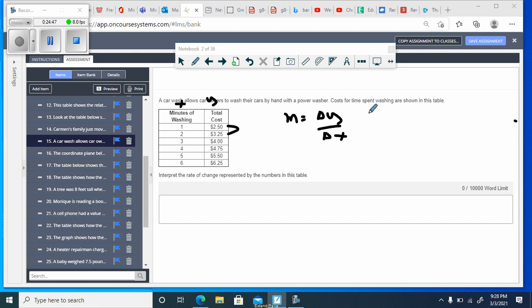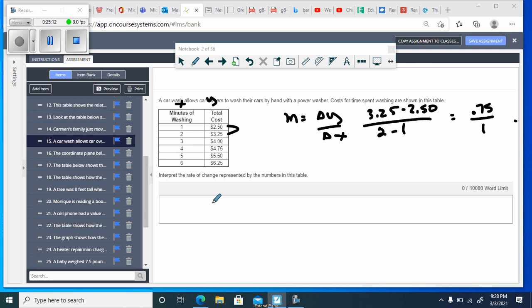Here's the difference in x values: 325 minus 250 over, and 325 corresponds to the 2, 2 minus 1. So that is, let's see, 75 cents over 1. That's 75 cents. So interpret the rate of change.